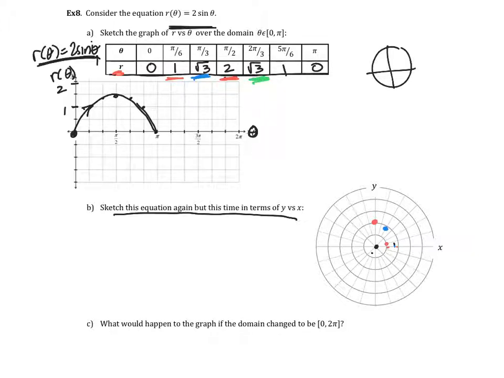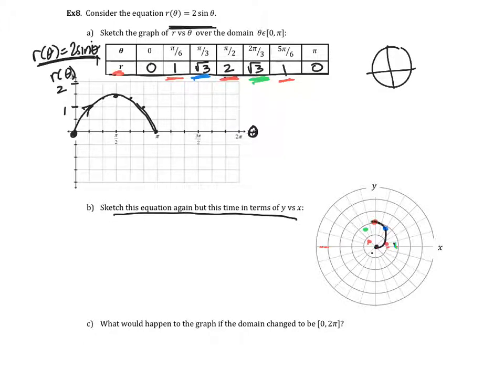I'm going to go out root 3, which is 1 point something, and rotate to 2 pi over 3, which is right here. Oh, sorry, not on the axes, just in a little bit. Then I'm going to continue 5 pi over 6 with a 1, so I go out 1, but I'm rotating 5 pi over 6, so I'm here, and then I'm back at pi, which is over here at this angle, and going out 0.